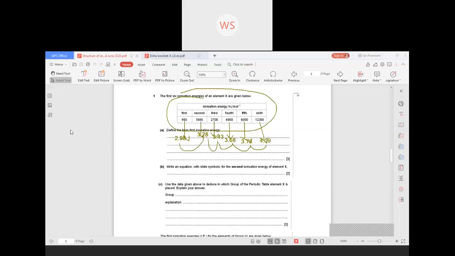Then 3.43 minus 3.28 is 0.15... and then 3.68 minus 3.43 is 0.25, and then from 3.68 to 3.78 is 0.1.